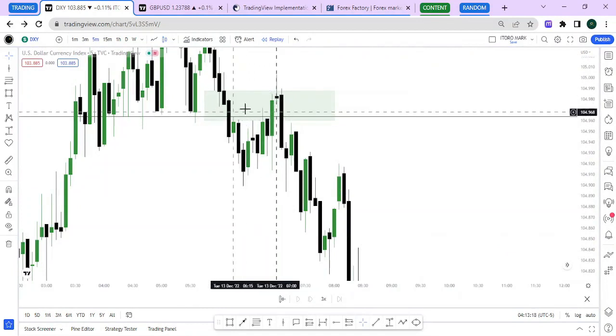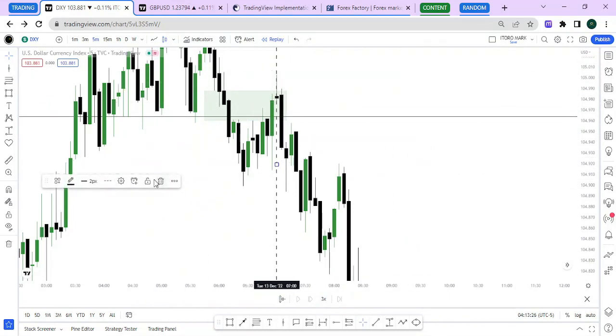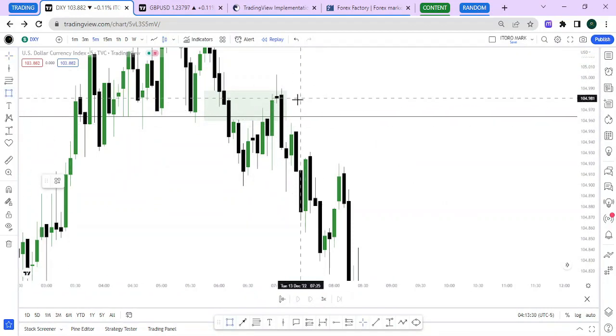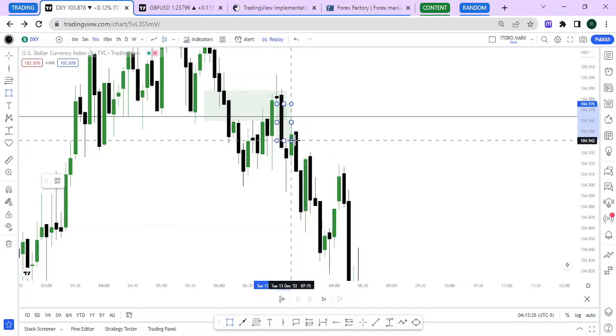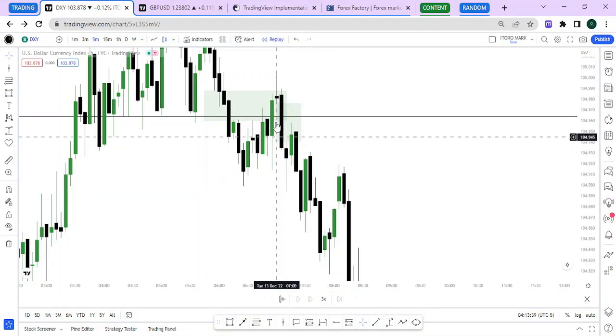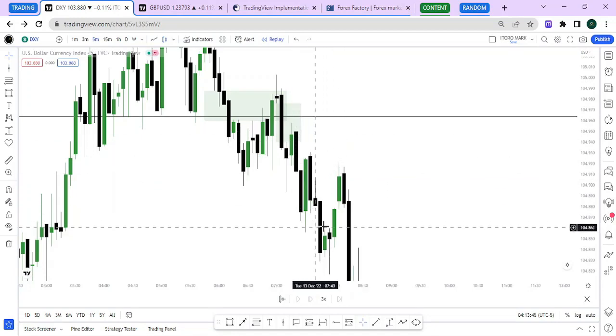After tapping into here, you could see that there is an entry, because there is a fair value gap in here, and another in here. So after tapping into the fair value gap, it dropped, gave us a fair value gap that we could trade off from. So price started going lower.